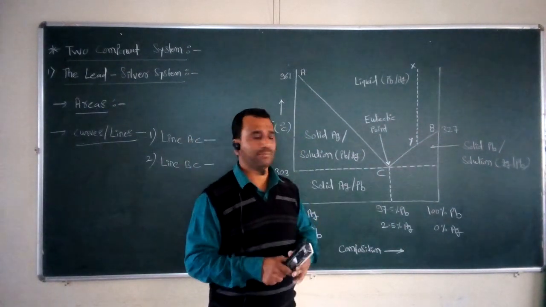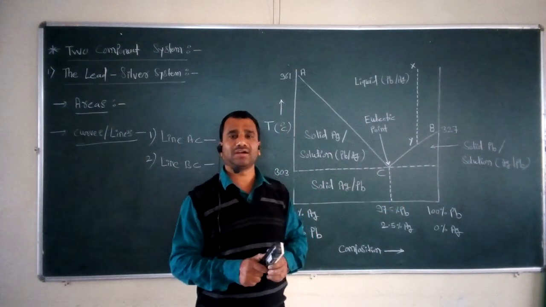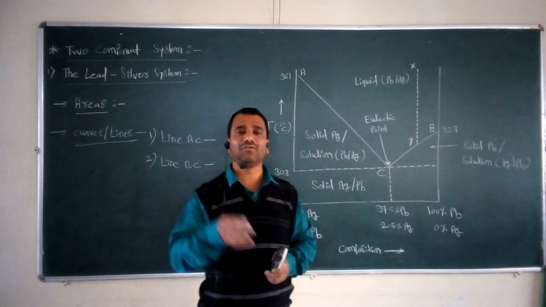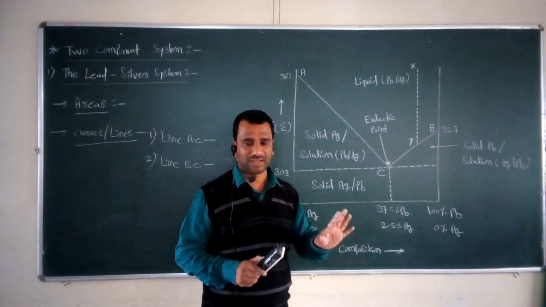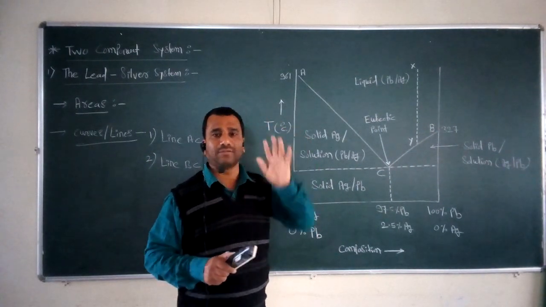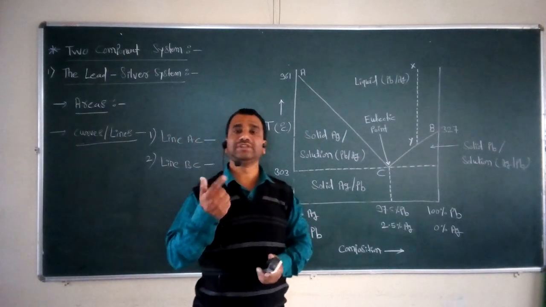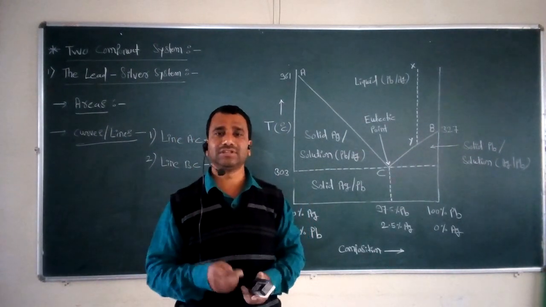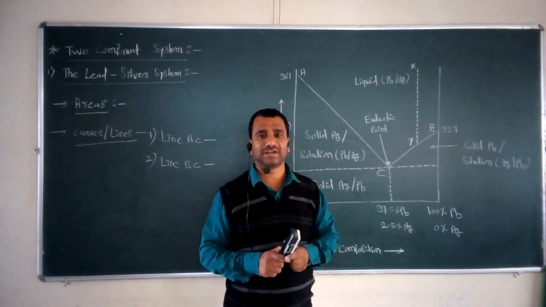While going from the point B towards this point C, we can say that the freezing point or the melting point of this lead goes on decreasing with the addition of the element silver. Again, if we look at how many phases are in equilibrium along this line BC, we can say here two types of phases are in equilibrium.